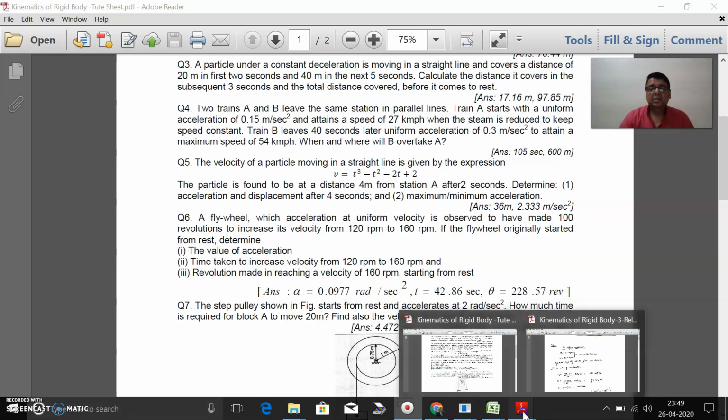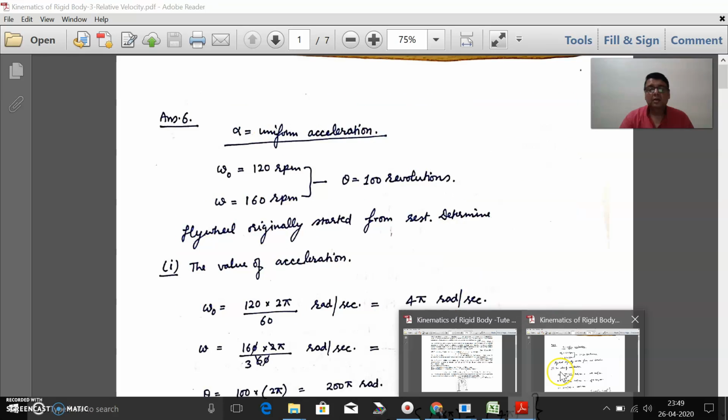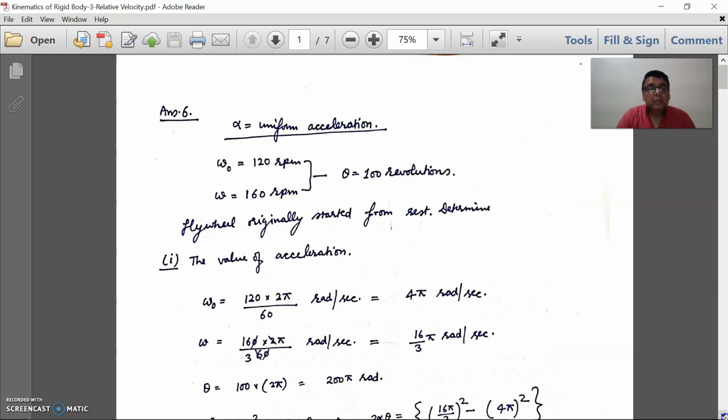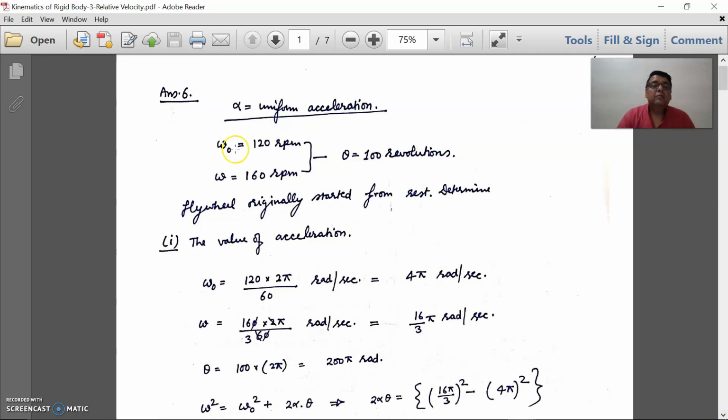Okay, so let us try to solve this numerical. Very easy. So in this, first we have the uniform acceleration, omega naught, 120 rpm, 160 rpm, and that 100 revolutions, right? But the flywheel originally started from rest.